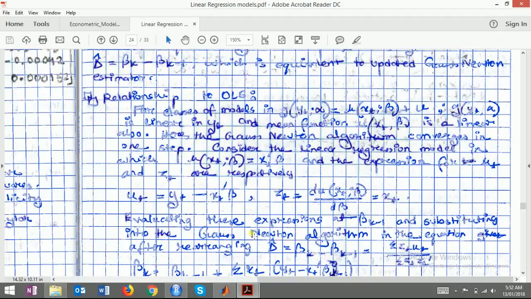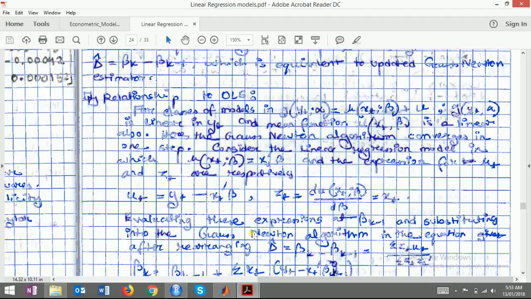Consider the linear regression model in which mu of xt equals beta xt transpose, and the expressions for ut and zt are respectively just the residual, yt minus beta xt transpose in the linear case, and zt is the derivative of mu of xt with respect to beta, which is xt.